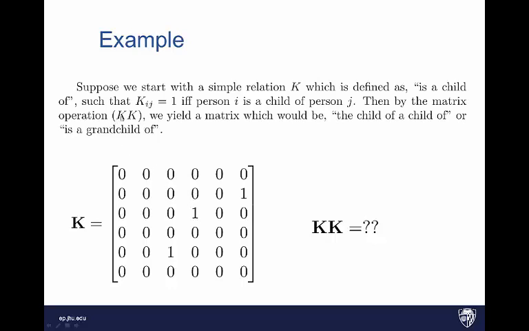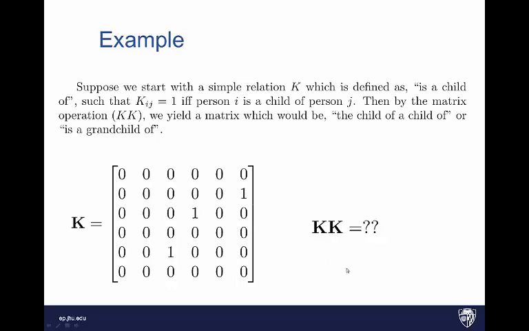So if we take the operation KK, that matrix would be the child of a child of, or grandchild of. So what I would like you to do is go through the matrix operation KK, pause the video, conduct this matrix operation, and then see if you can sketch out the family tree.